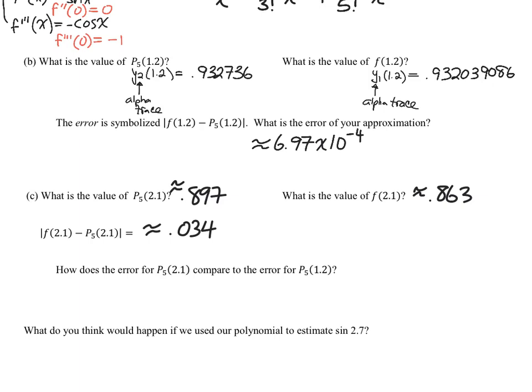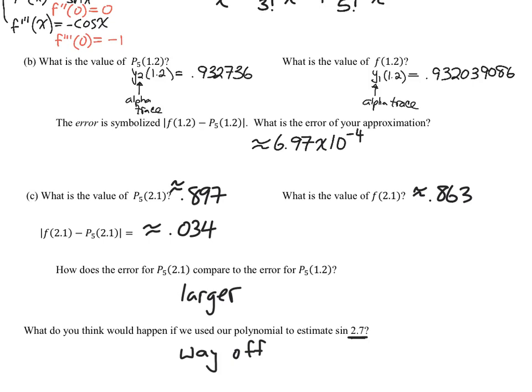All right. So how does the error compare? It's larger. If we use it to estimate sine of 2.7, I would expect it to be way off. Now, if I had like a 100th degree polynomial, 2.7 might not be too far off, right?